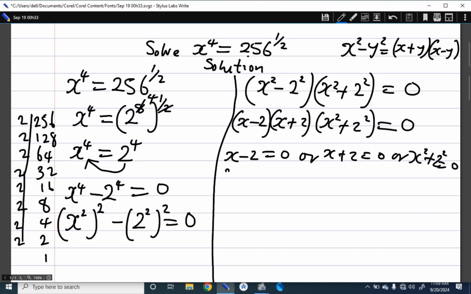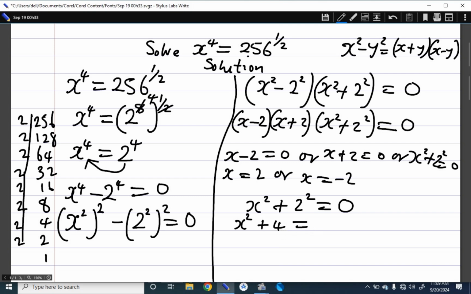So from here we have that x is equal to 2, or we have that x is equal to minus 2. And then the other one we're having that x squared plus 2 squared is equal to 0. So from here now, what do we do? We can simply say that x squared plus, we can make this to be 4, x squared plus 4 is equal to 0.